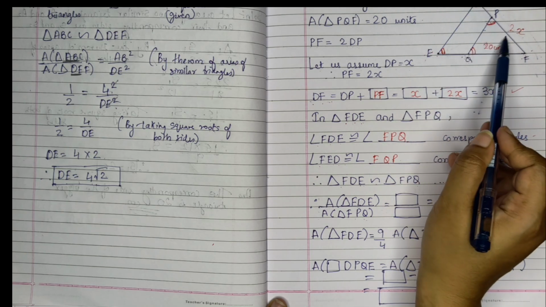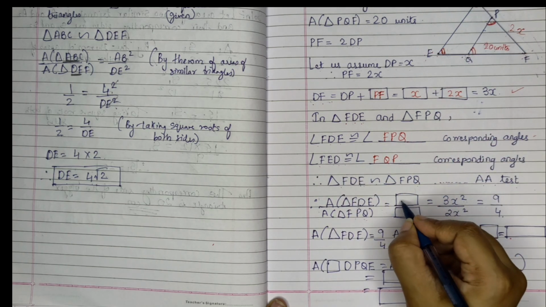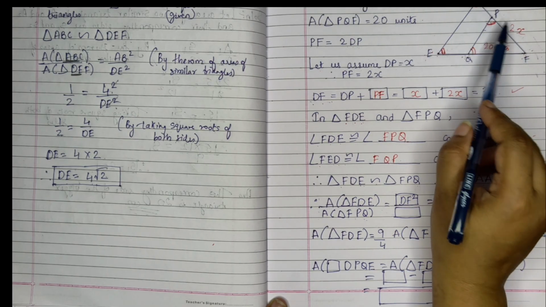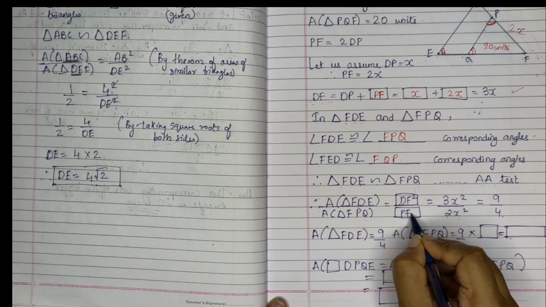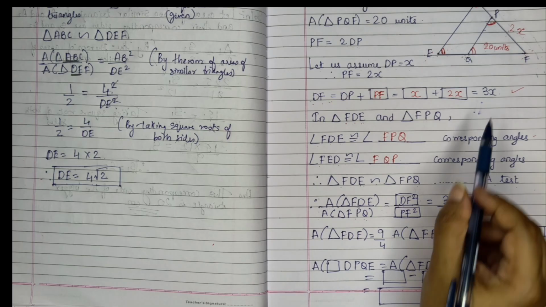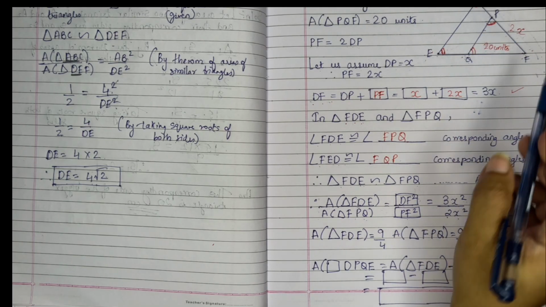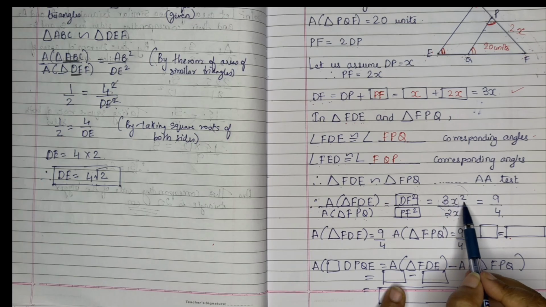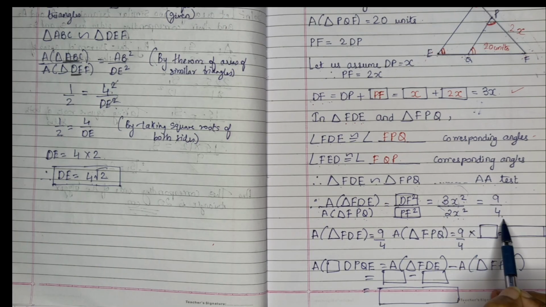DF is 3x, that is x plus 2x, so DF square, and PF is 2x, so PF square. Here the x square gets cancelled. 3 square is 9 and 2 square is 4.